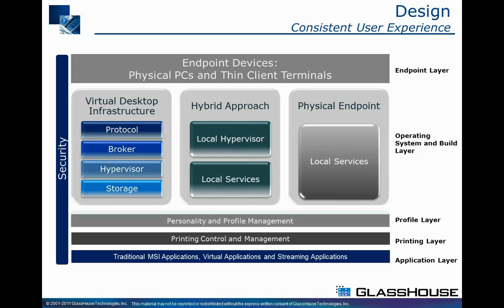And the last part would be the endpoint layer. So how do your users access this environment? Are they physical PCs, or are they thin clients? And what's running on those physical PCs? Is it still Windows XP, or are we running some thin operating system version of Windows, or maybe it's a Linux version? And if it's a Linux version, we won't be able to offload flash.